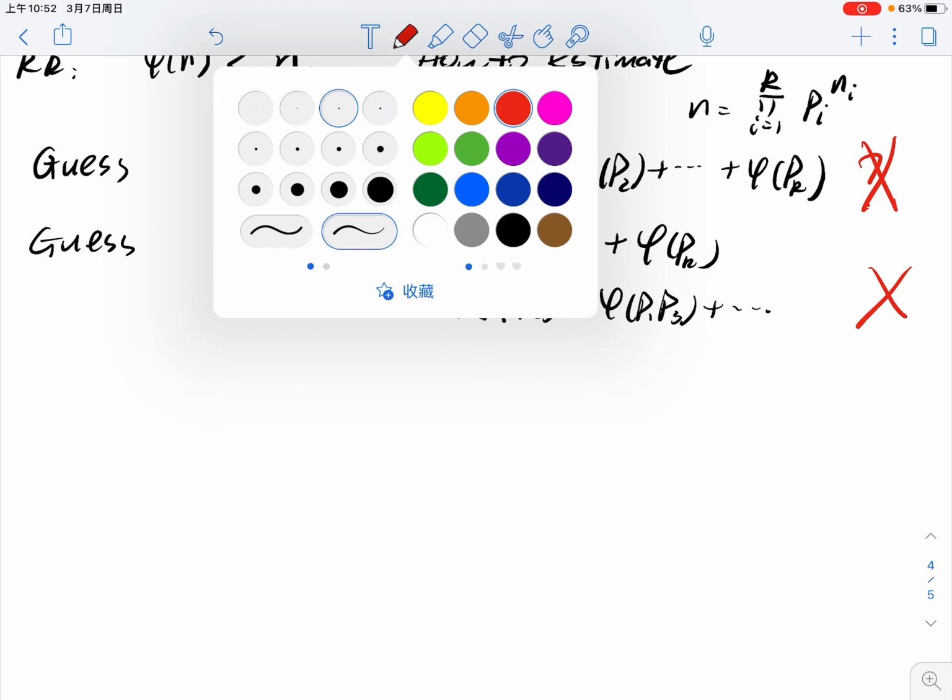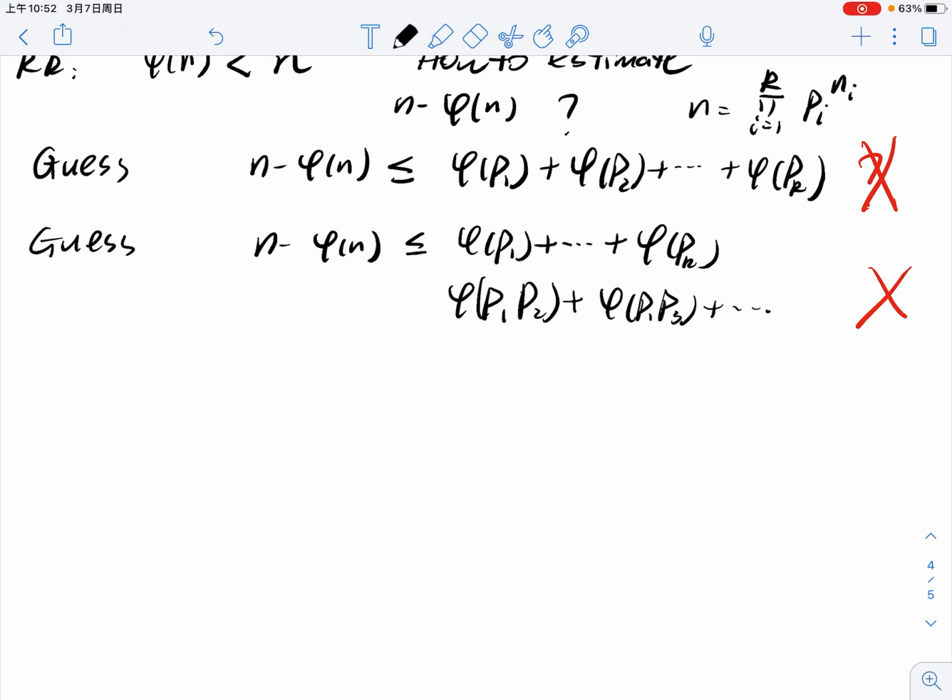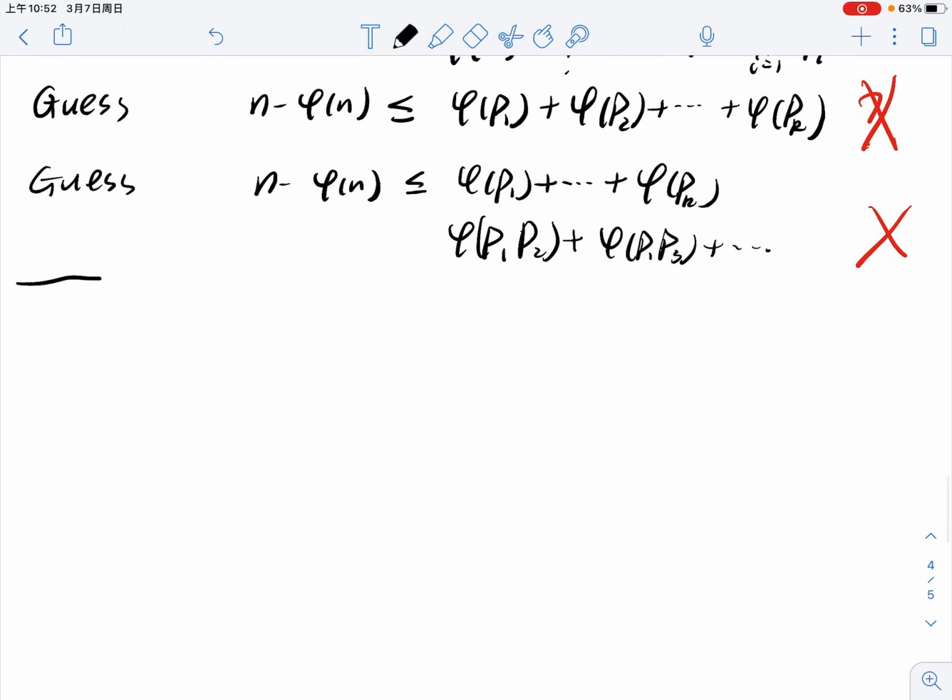Later on you will see, okay, let's put everything in, and then you have the identity. So that's a very interesting guess of how we develop this formula. But as soon as you have this formula, to prove it is not that hard.